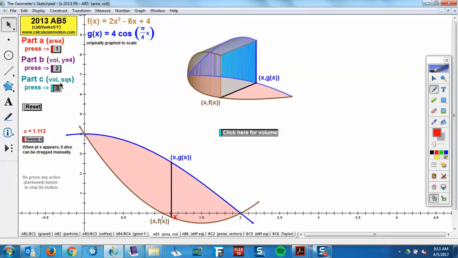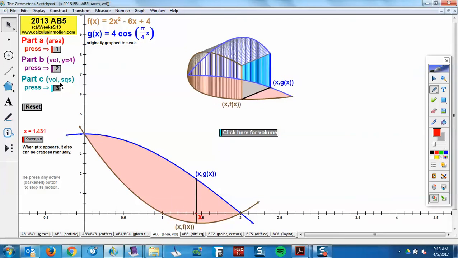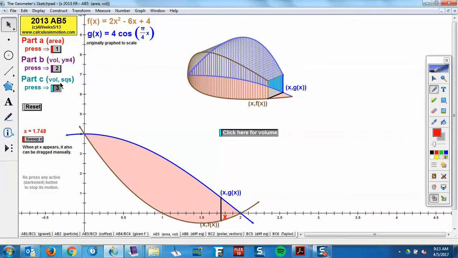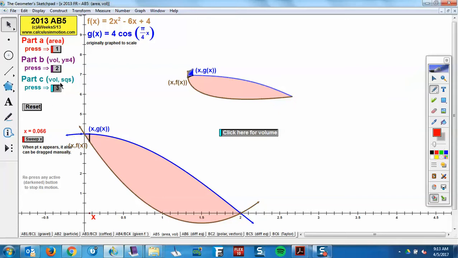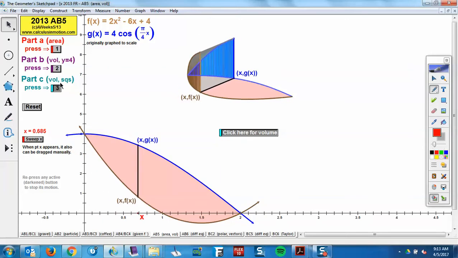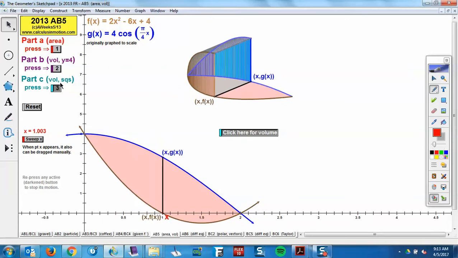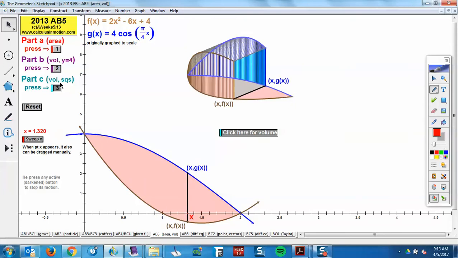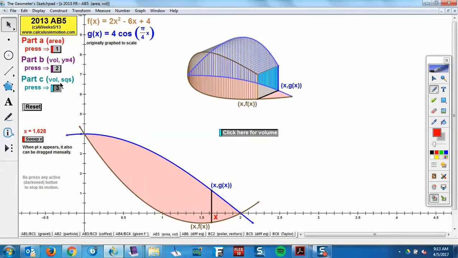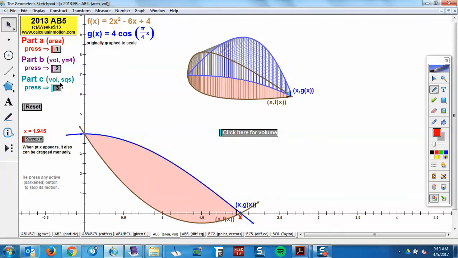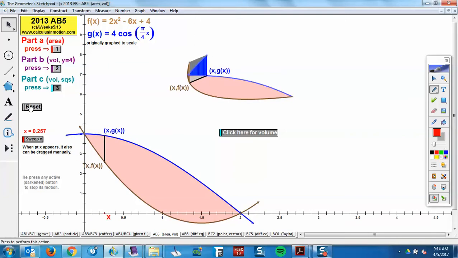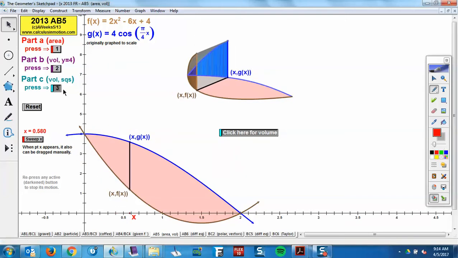Well, first of all, what shape is the slice? It's a square. They told you the cross sections are squares. Where's the strip up here? It's that black line right there. So coming up off of here, we have squares. That's what's going on. So you can see what it is creating here.